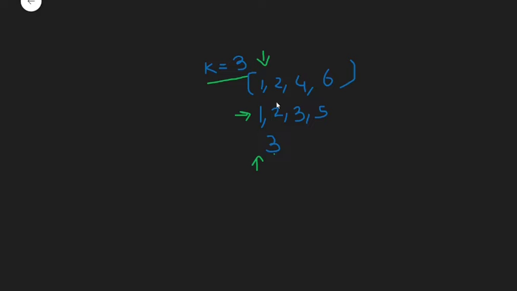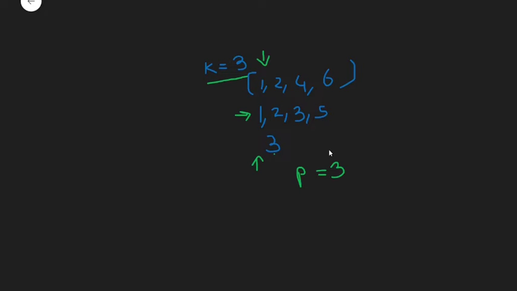Now since the value of k is 3, the size of our min heap will be 3, okay. Thus we can say that the size of the min heap will always be equal to k.